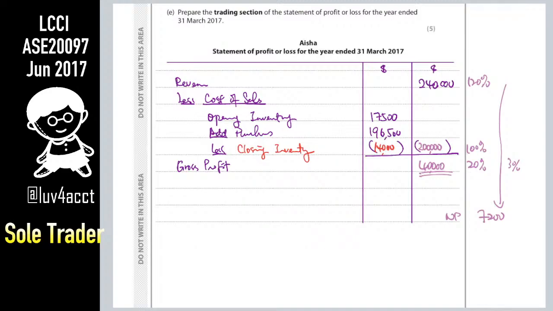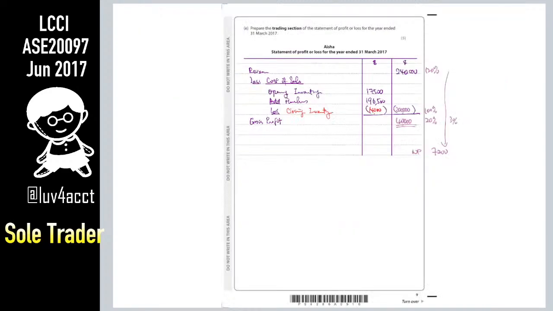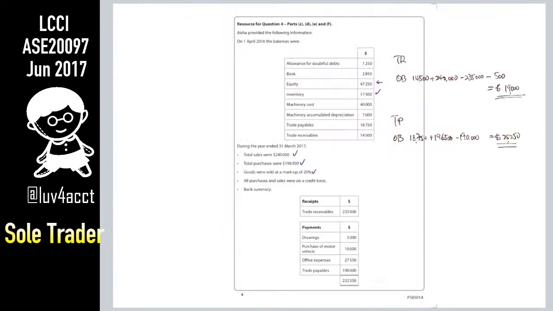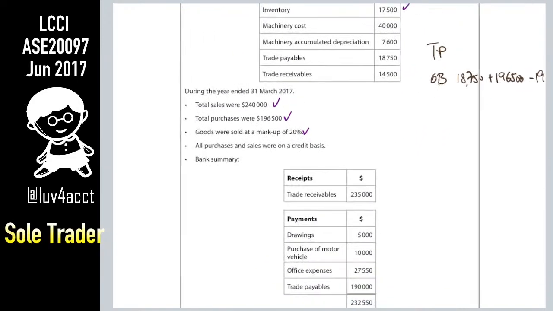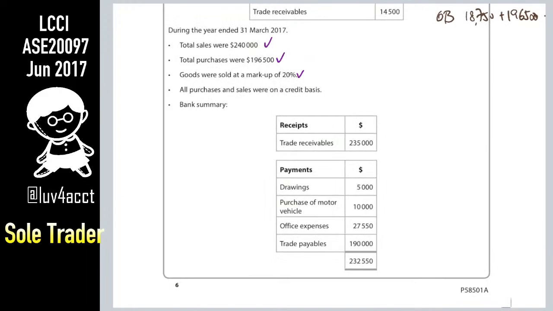So I said we have to check whether net profit is really equal to 7,200. How to check? The item that is left is expenses. Let us see if after we calculate expenses it will be equal to 7,200 net profit. Here in our payments, office expenses 27,550.